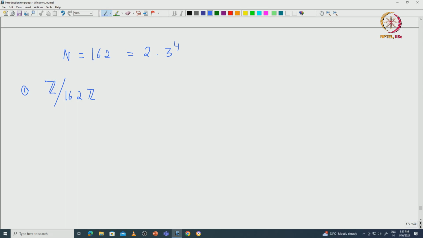But since we have this factorization, 2 into 3 power 4 is nothing but 162, this group is naturally isomorphic to Z modulo 2Z direct product Z modulo 3 power 4 Z. 3 power 4 is 81.